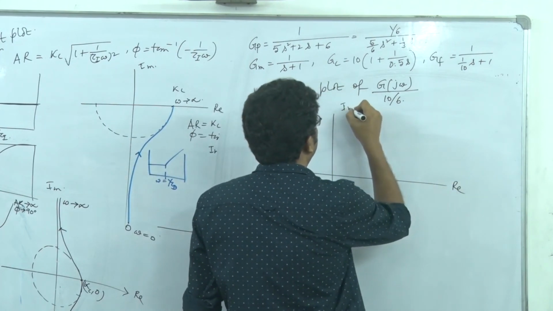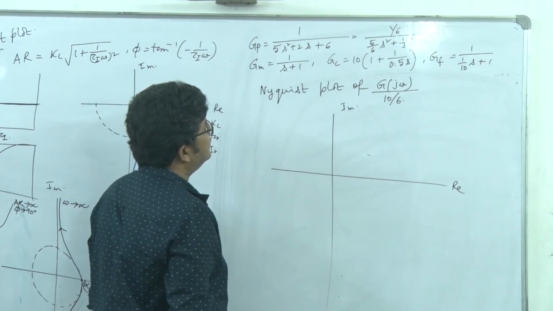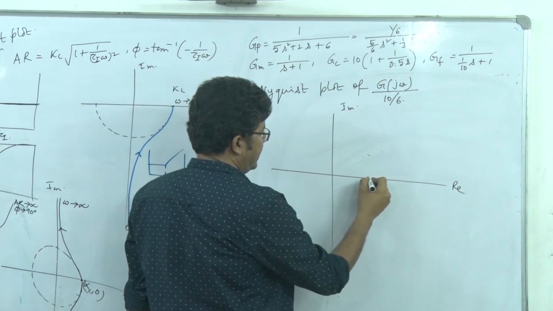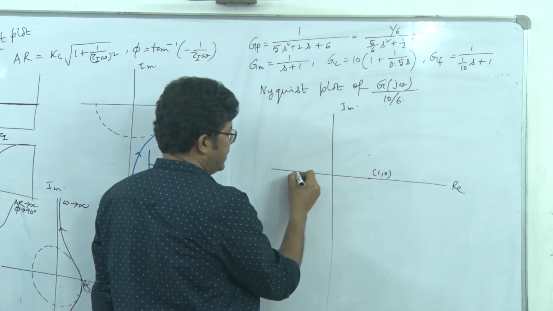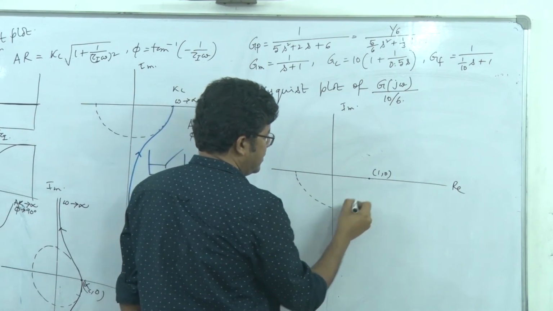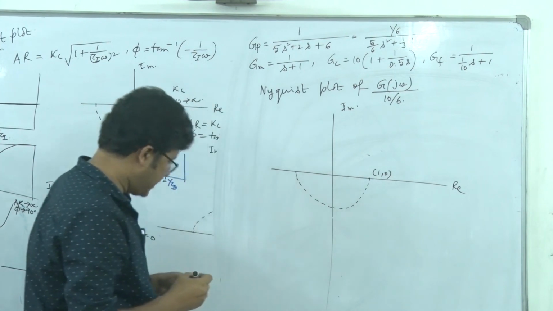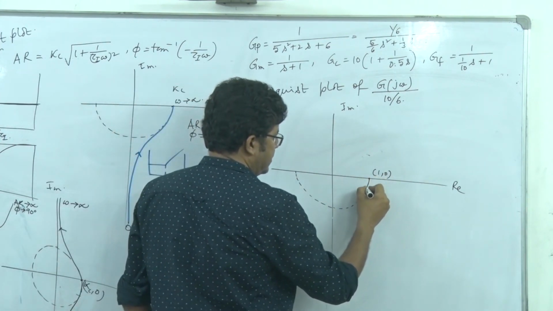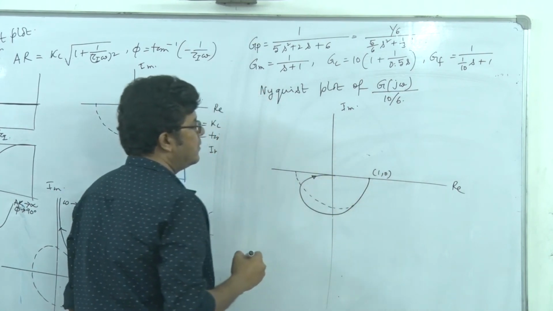So we'll draw these individual plots initially. First it is this second order system, and if this point is 1, 0, and it's overdamped, this underdamped. So if the half circle is like this, naturally the plot looks like this. Let's write this is plot 1.